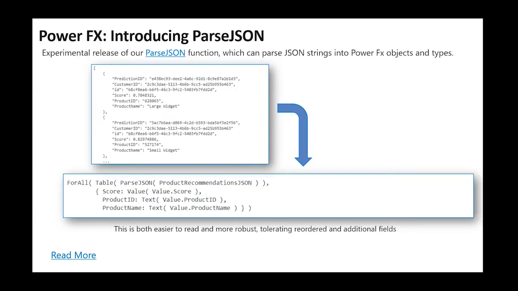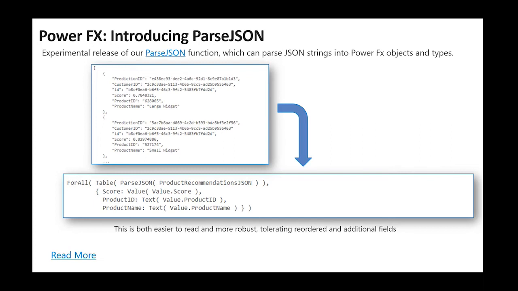Okay, another Power Fx topic, introducing Parse JSON. This one is an experimental release, so this is kind of preview. This functionality will change. It's put out there right now to get feedback on what it's doing and what you're looking for. But you can use it as proof of concept in non-production situations.